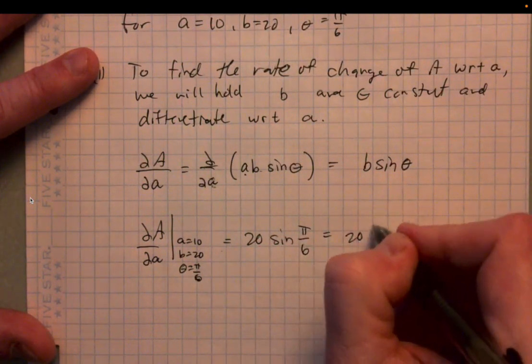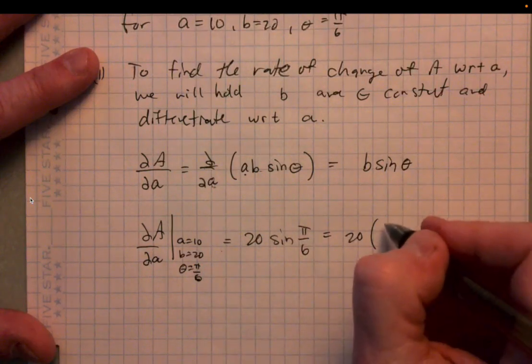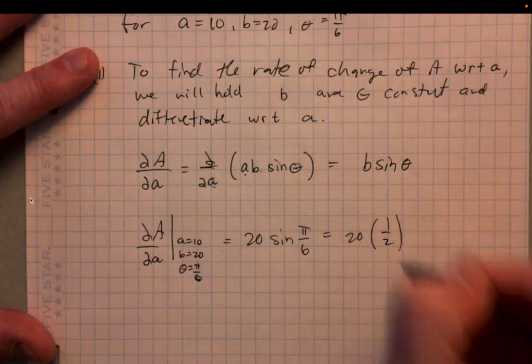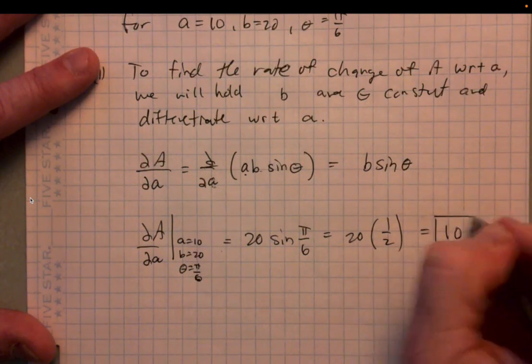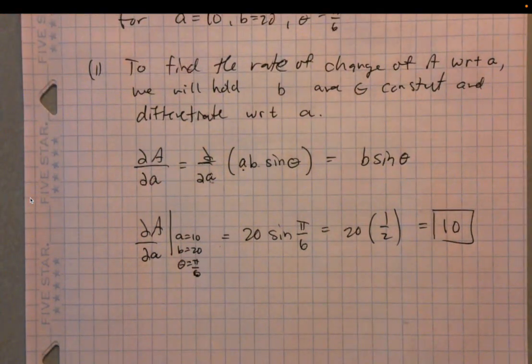Sine of pi over 6 is 1/2. And so this is 10. So the rate of change of the area with respect to the side A is 10.